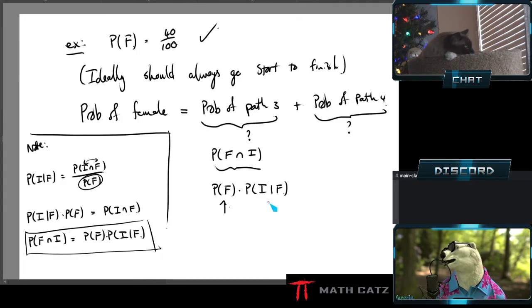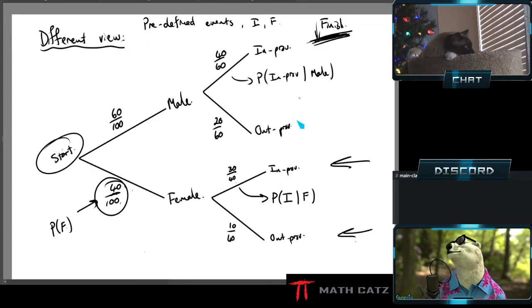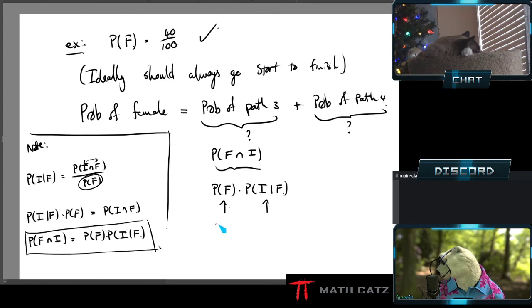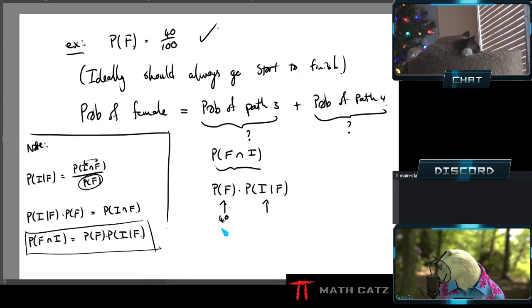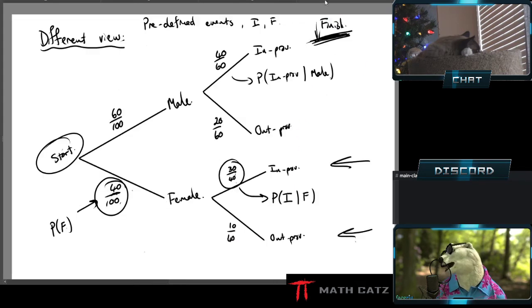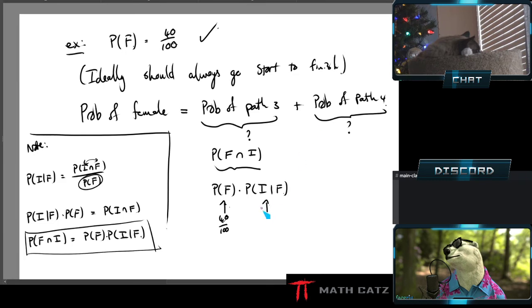The probability of being in province given F, it's right there. Because the way I set up the tree, the later branches already contained conditional probabilities. So doing this alternative form of the formula, what was this? 40 over 100, and this other one was 30 over 40.